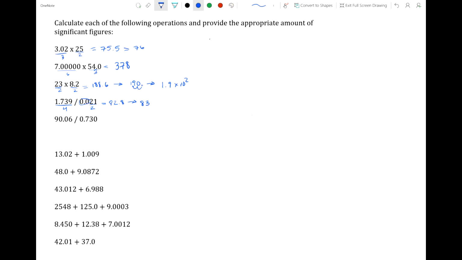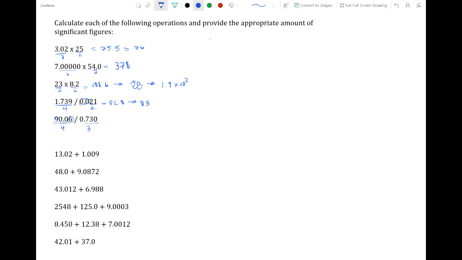Okay. So the next one, 90.06. These two zeros are significant because they're in between two non-zero digits. So this value has 4 significant figures. Now, inside the 0.730, this 0 is significant because it's to the right of the first non-zero digit. So this value has 3 significant figures.